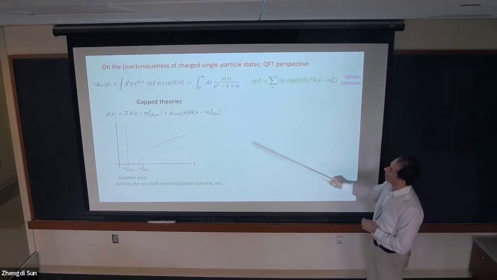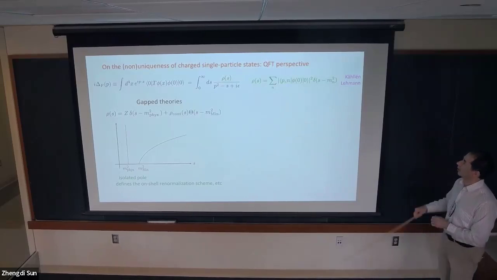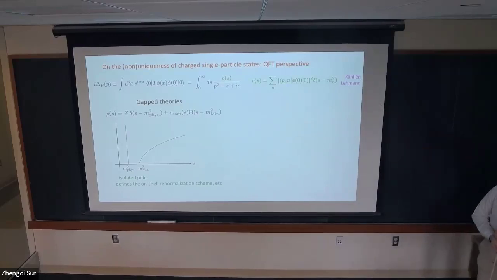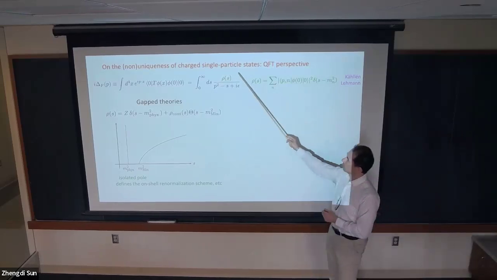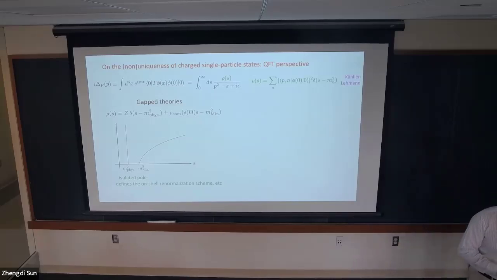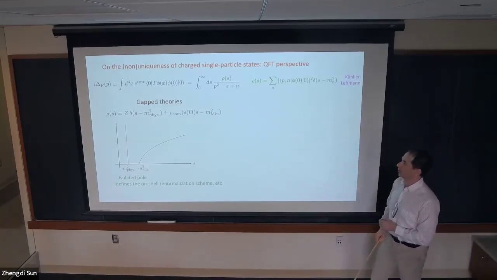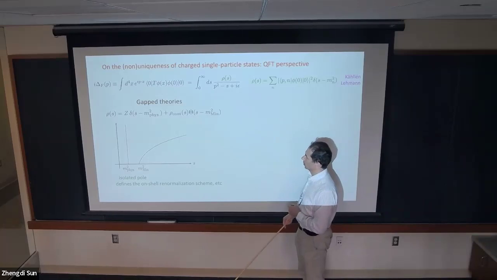So the idea is that the properties of asymptotic states have been characterized at some level by Källén and Lehmann, like I said, about half a century ago, and it's all captured by the spectral density in this representation of the 2-point function. So in gapped theories, the spectral density has a very distinct structure.